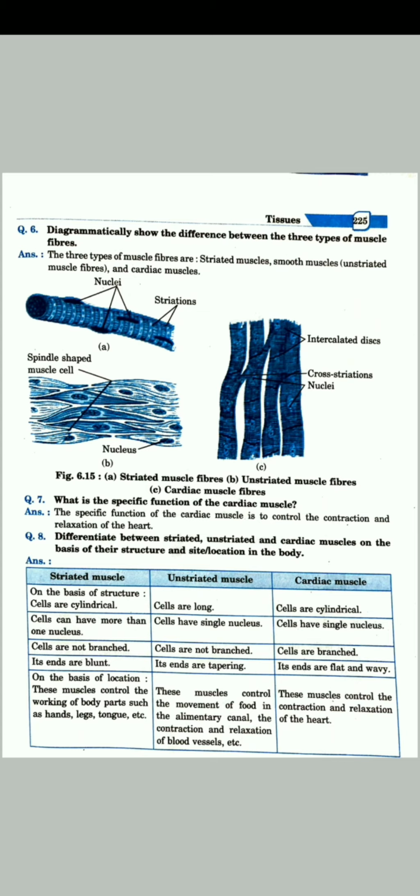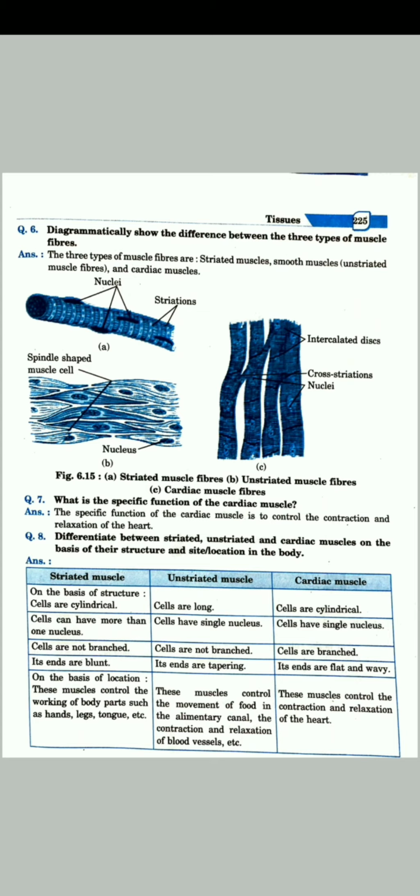You can see cardiac muscle, striped muscles and smooth muscles. So the differences: cardiac muscles and striated muscles are cylindrical, and smooth muscles are spindle shaped. This is the difference.